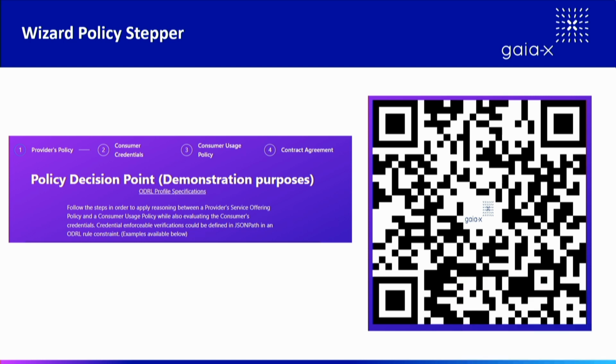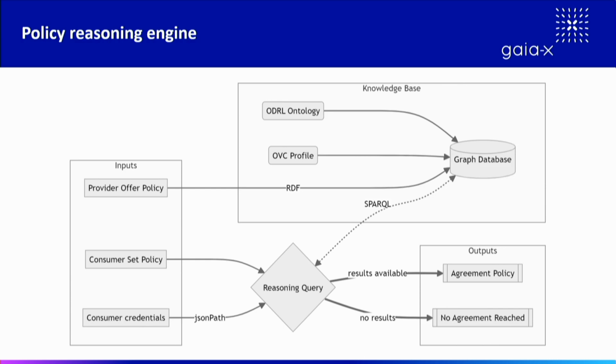But with the ODRL and all the requirements, it's not necessarily easy to cover all the requirements and all the use cases, all the possibilities. So that goes right into the next slide, which is a policy reasoning engine. Like I mentioned before, the engine is just a reference implementation.